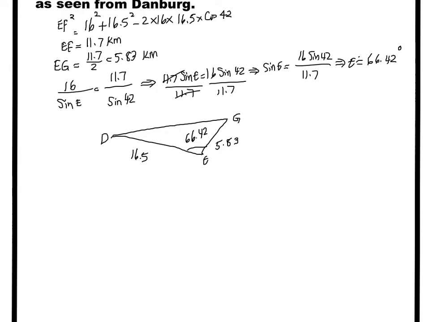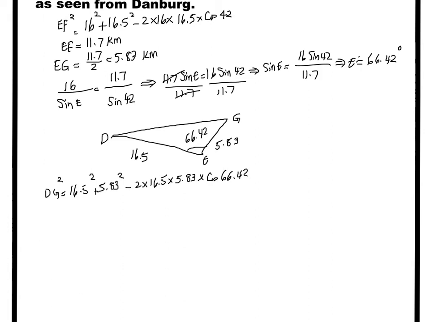So I can say that DG squared is 16.5 squared plus 5.83 squared minus 2 times 16.5 times 5.83 times the cos of the angle between them, which is 66.42.